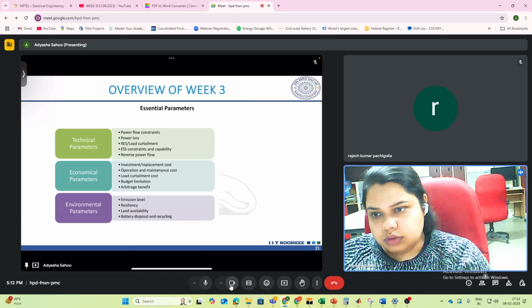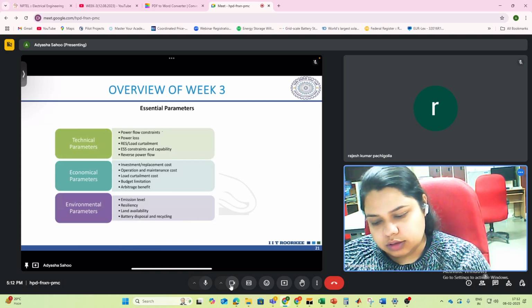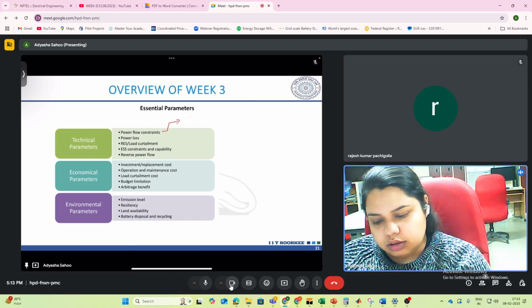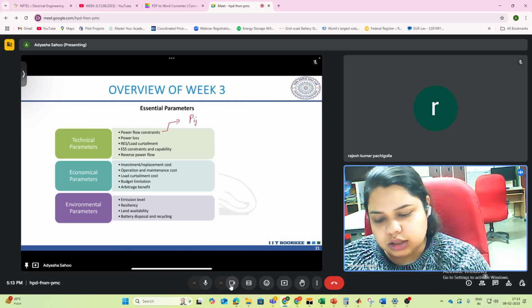So here some examples are given. So power flow constraints. So this you have seen earlier, right? That the power flow between buses, Pij, is given by ViVj times Gij cos of delta i minus delta j minus theta ij.